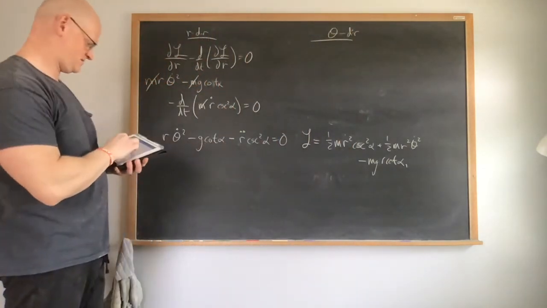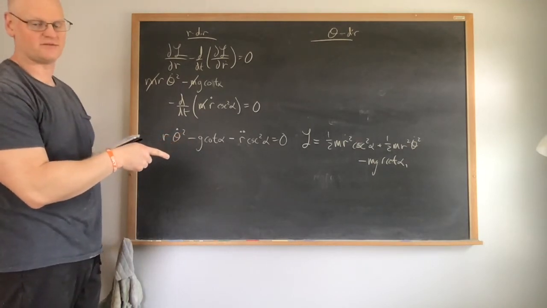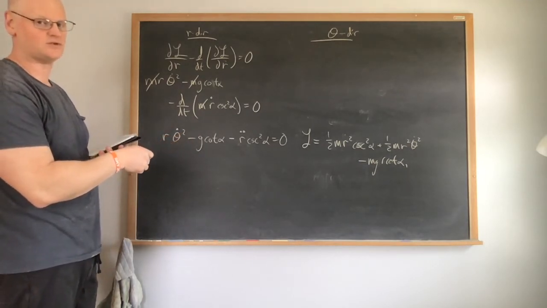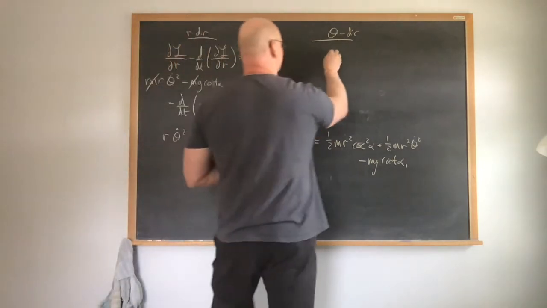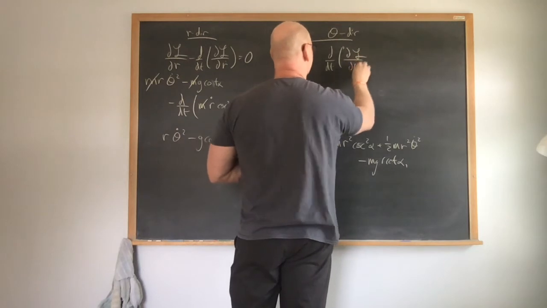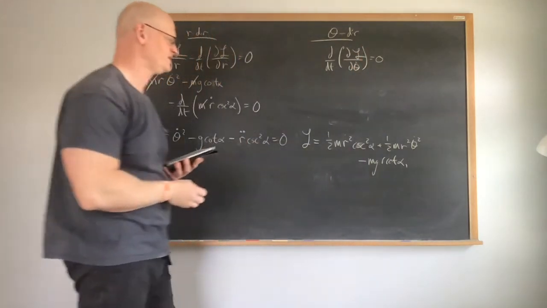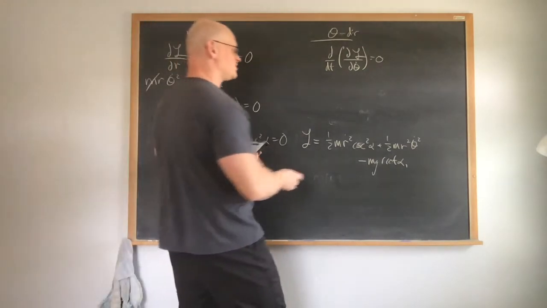there is nothing here that actually depends on theta, which means the partial derivative with respect to theta is just equal to 0. So in this case, the time rate of change of the partial of the Lagrangian with respect to theta dot must be equal to 0. Only one term actually depends on that.